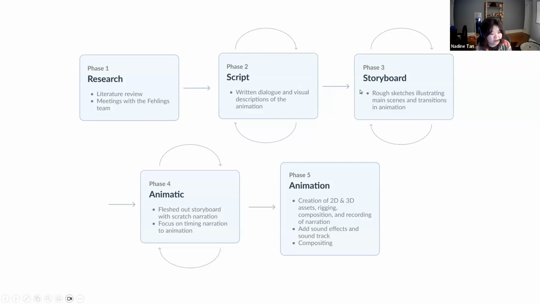Following this, I created rough sketches of the animation in the form of a storyboard, which is something like a series of comic panels. Dr. Failings also reviewed these, and we iterated upon the storyboard for several months. After this, I created an animatic, or an animation in 2D drawing form, which is essentially the fleshed out storyboard to describe what the final animation will look like. Lastly, I animated it using multiple 3D and 2D editing softwares.